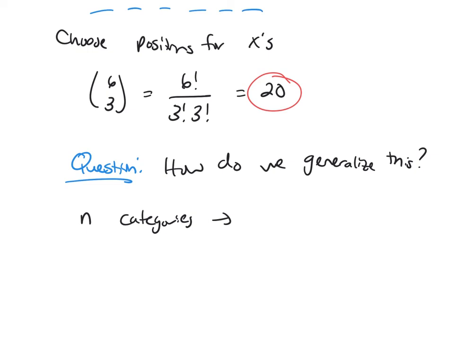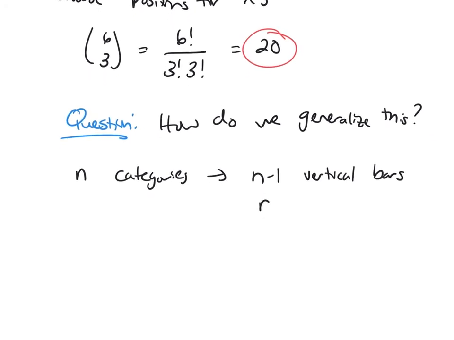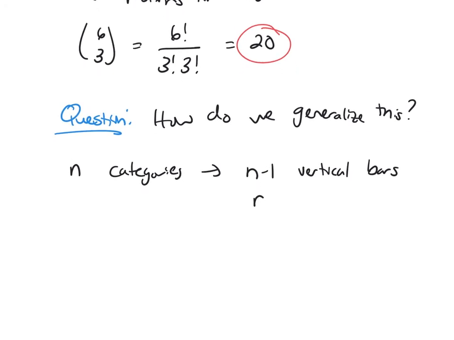So now you have 1 less bar. You're going to have n minus 1 vertical bars. And then you have R being the number of elements chosen, and this is how many X's you have.